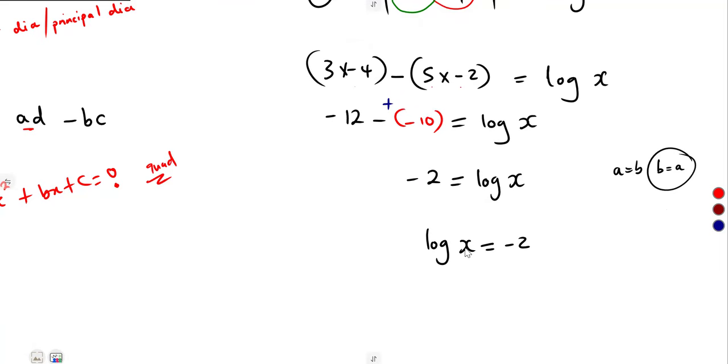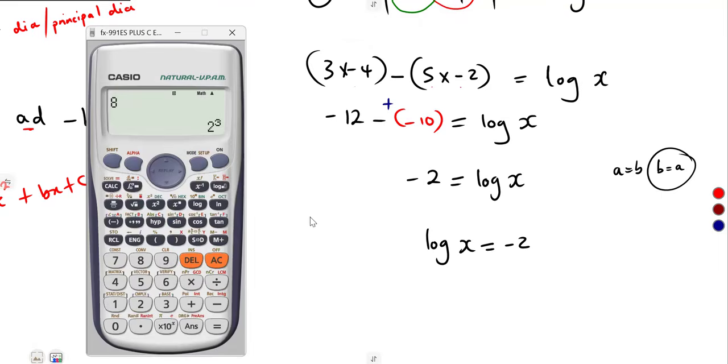Remember, if a base is not given, every logarithm still has a base. If you check on your calculator, there is this log button. If you press that, it gives you a base. So it is the log of a certain number, let's say the logarithm of 8, but in base 2.